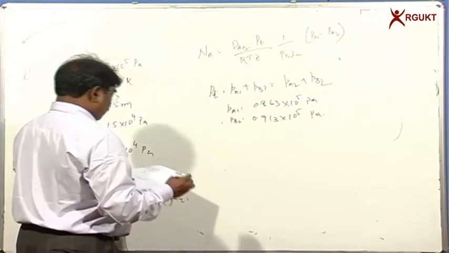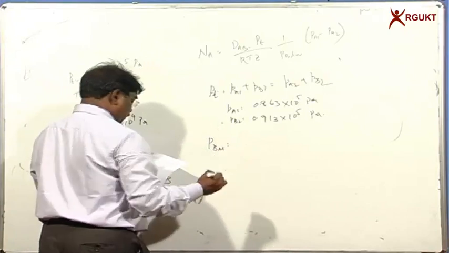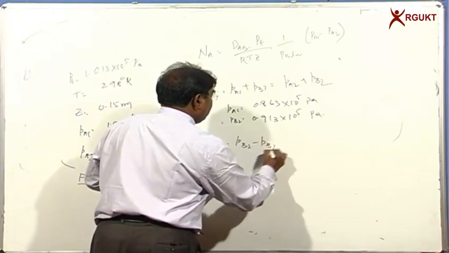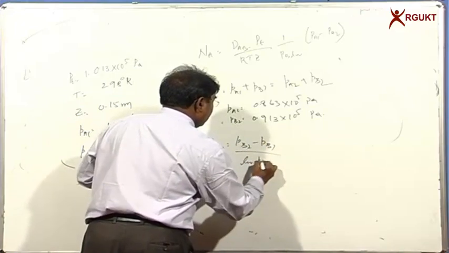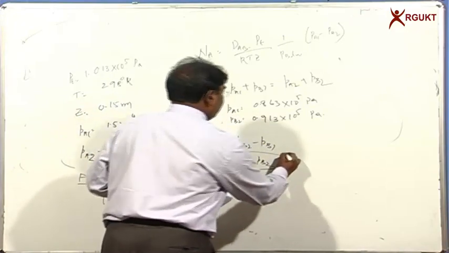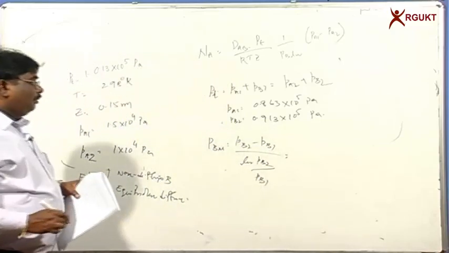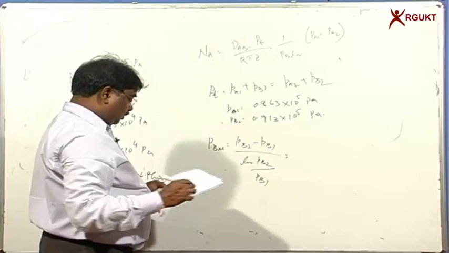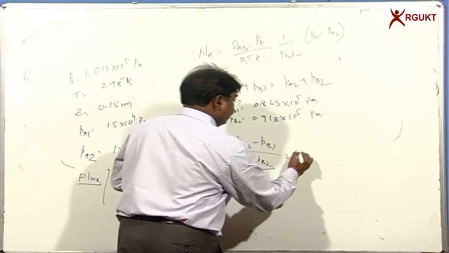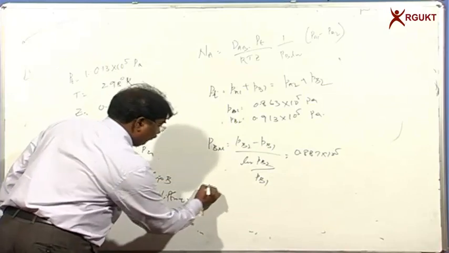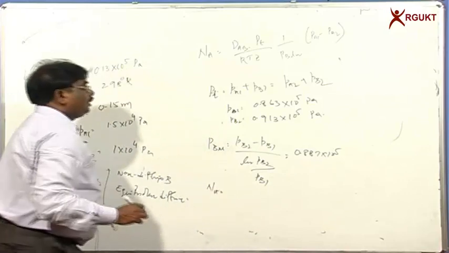Now PBM is equal to (PB2 minus PB1) by ln of PB2 by PB1. Substituting the PB1 and PB2 values, we get 0.887.